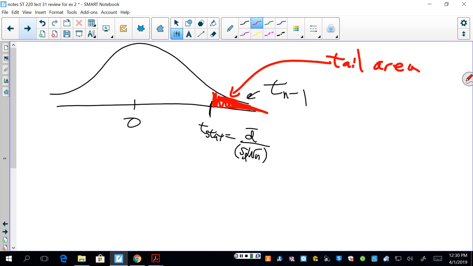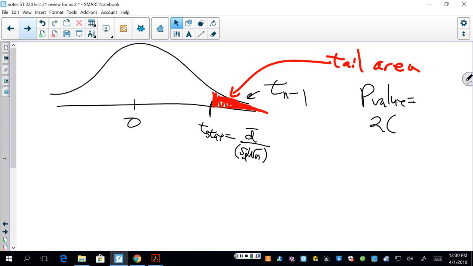an equal distance away from the null is evidence against it. So the p-value would be 2 times that tail area. And if that p-value is bigger than 0.05, then we don't reject.